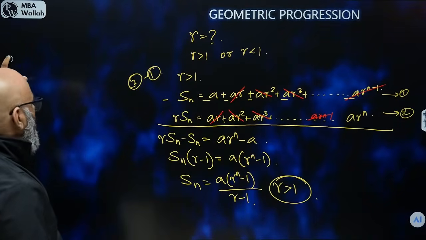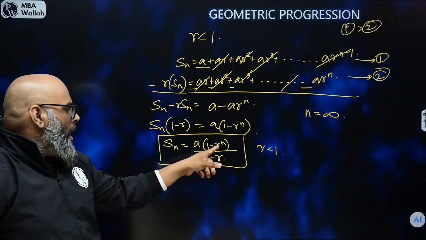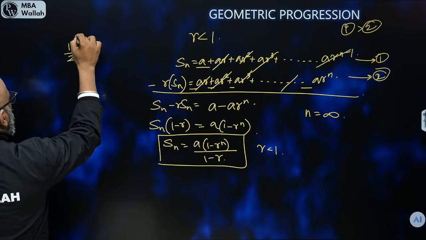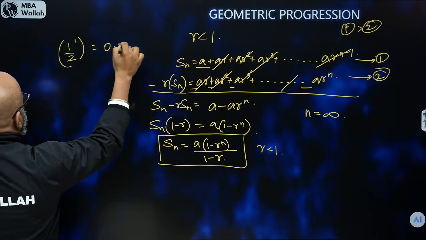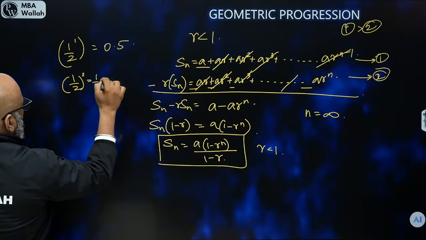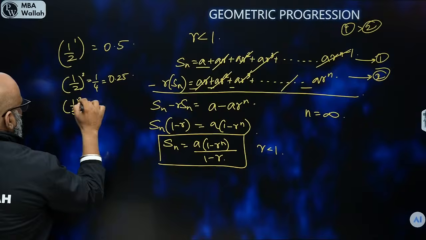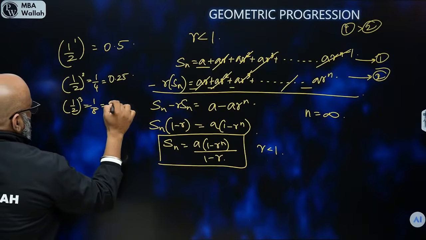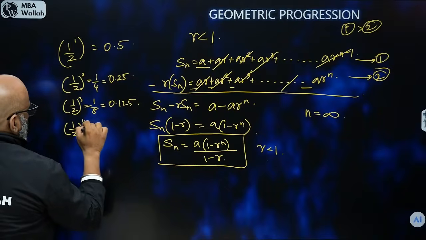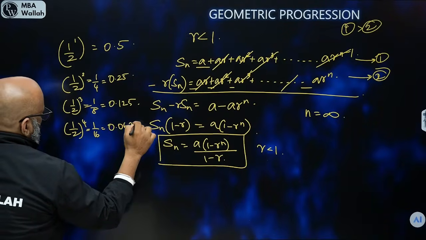But here, what happens if n is infinity? If I put a larger value, notice this. What is 1 by 2 power 1? 0.5. 1 by 2 the whole square will become 1 by 4, which is 0.25. 1 by 2 the whole cube is 1 by 8, 0.125. 1 by 2 the whole power 4 is 1 by 16, 0.0625.